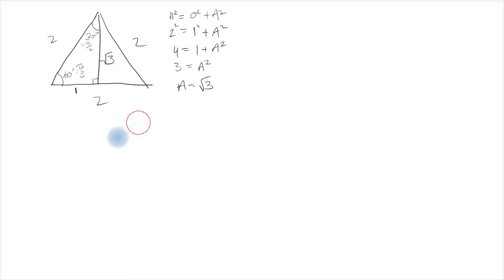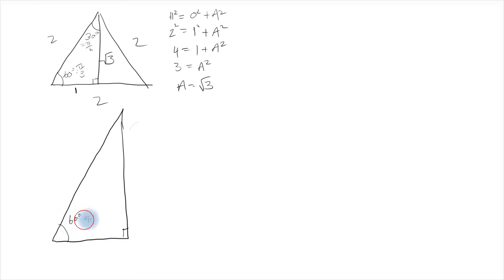Okay, so now I'll draw this again, make it a bit neater. Okay, right angle there. This one is 60 degrees, or pi on 3. This one is 30 degrees, or pi on 6. We've got 1, 2, root 3.